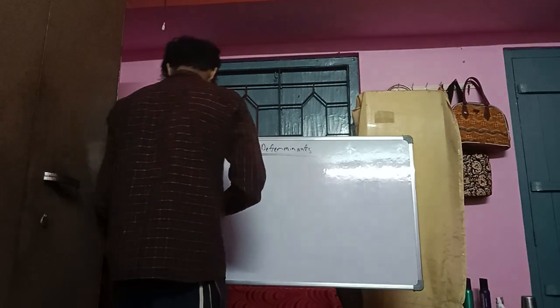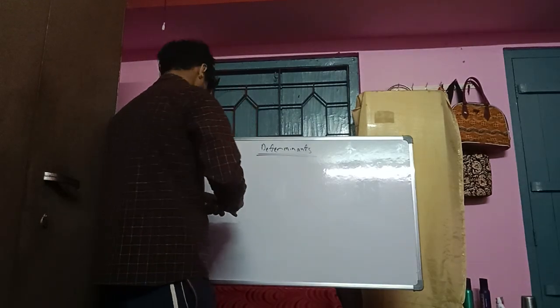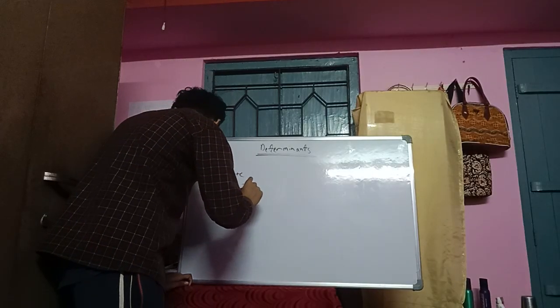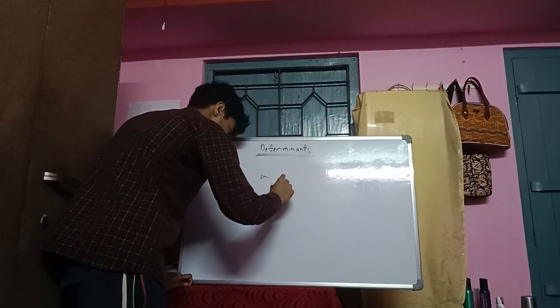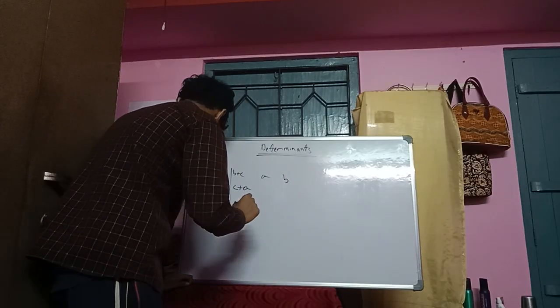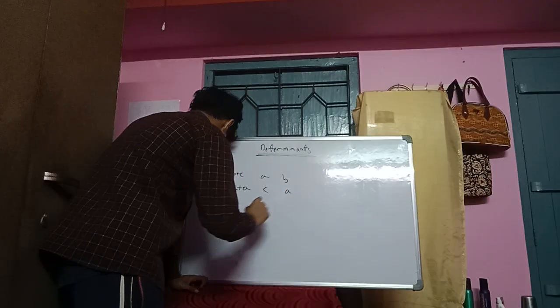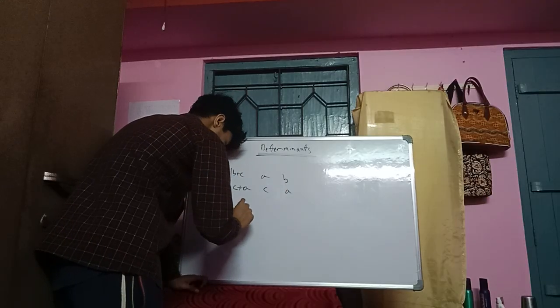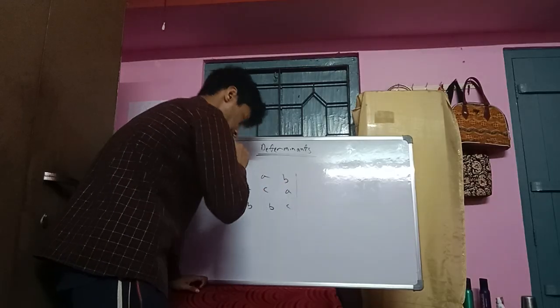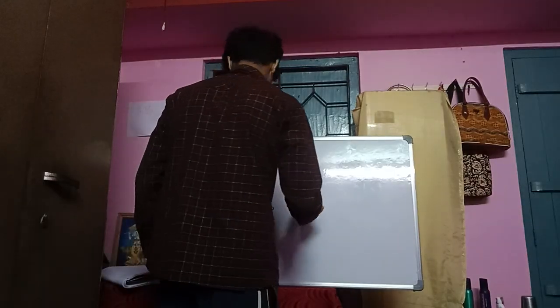If we evaluate this one, the first row is B plus C, A, B; the second row is C plus A, C, A plus B; and the third row is B and C. We have been asked to evaluate this one.